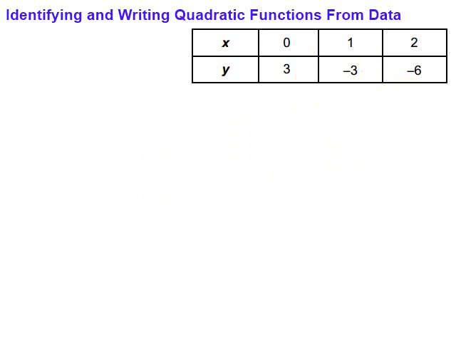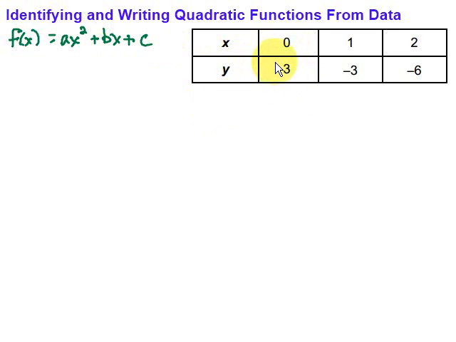Now, here's what we're going to do. We're going to use the standard form, which remember is f of x is equal to ax squared plus bx plus c. Then I know an x and a y, and remember y is the same thing as f of x.